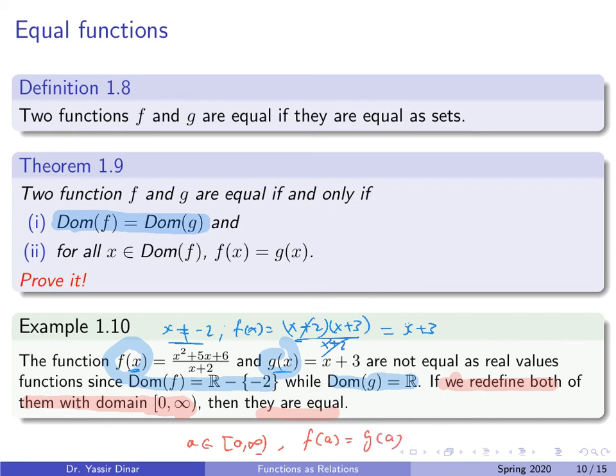So the domains are equal, and at each element, the values of these functions are equal. So these functions are the same. In the end, we remark that two functions are equal if the domains are the same and for each element the image is the same.